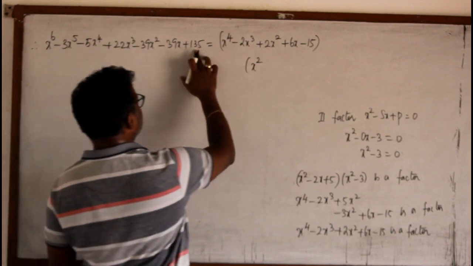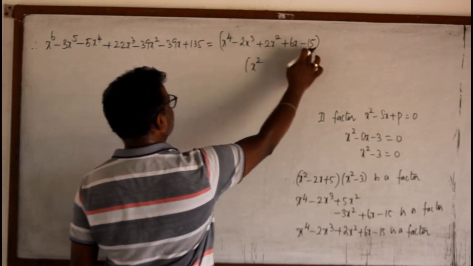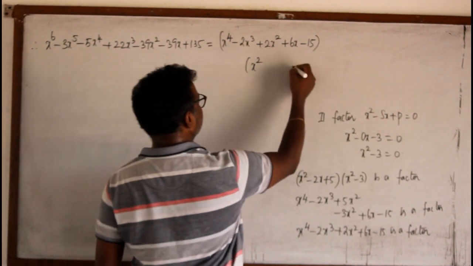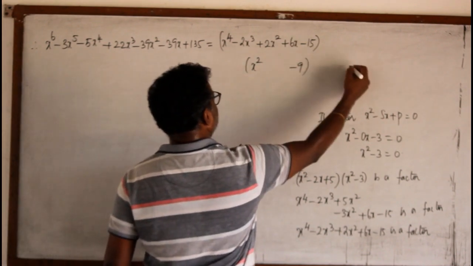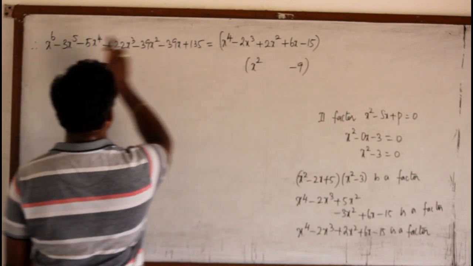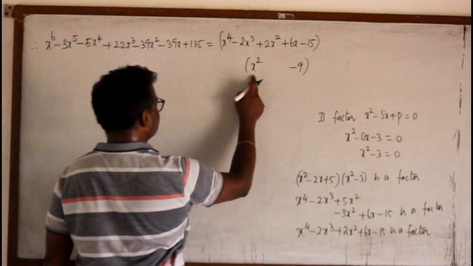Now the constant term is 135, it is minus 15. So when minus 15 is multiplied with minus 9, then it is plus 135. So here, to get x power 6, the first term must be x square.